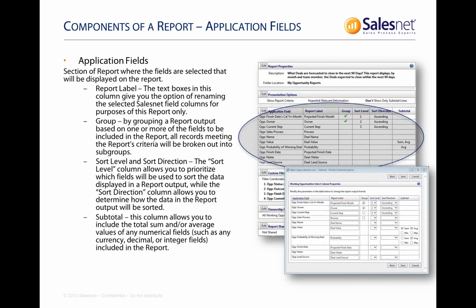Okay. Our third section in reporting is all about what fields are we going to show. And this is where I like to equate this to creating a listing layout. So creating a layout on the list page is all about the fields that you're going to show on the layout. Well, that's what this section is about in reports. What application fields are you going to show on the report?